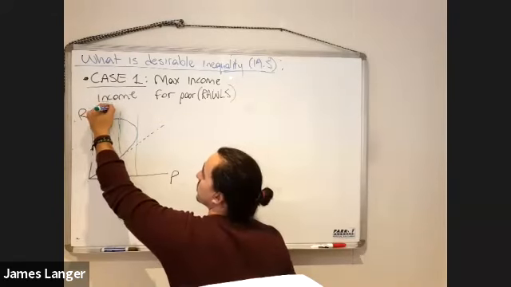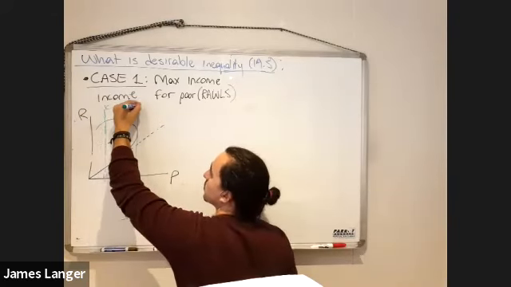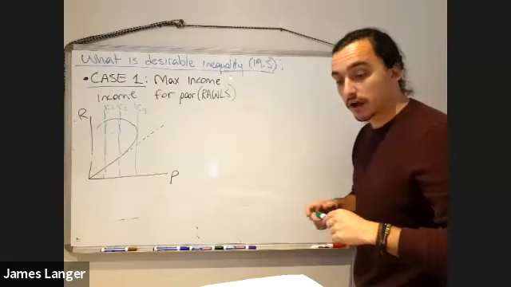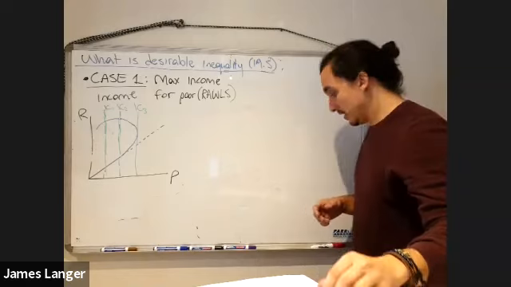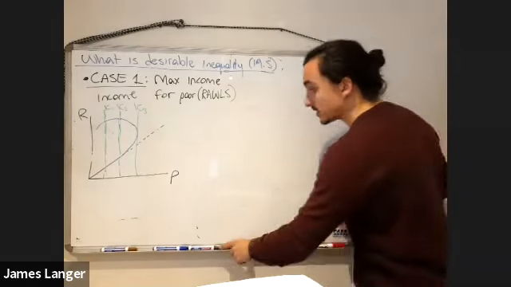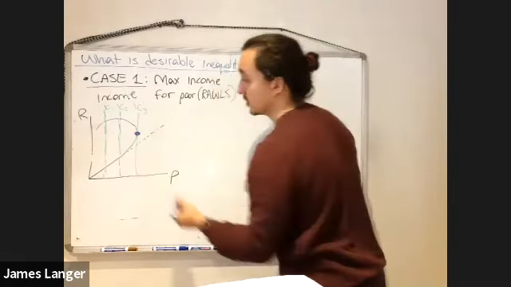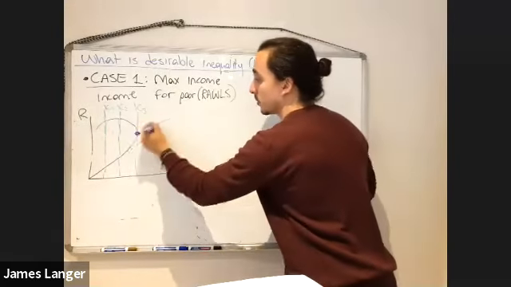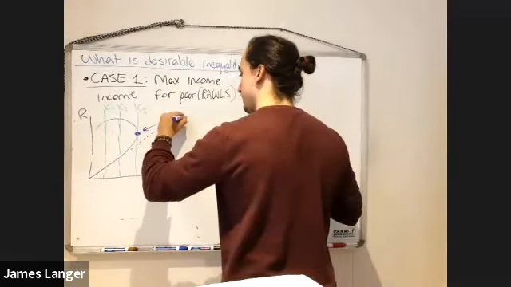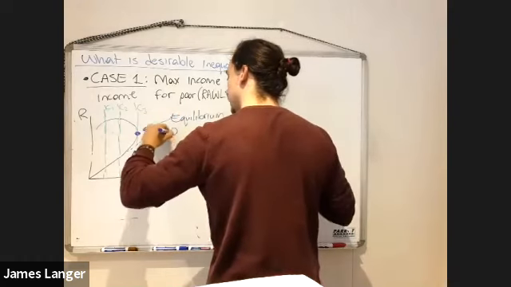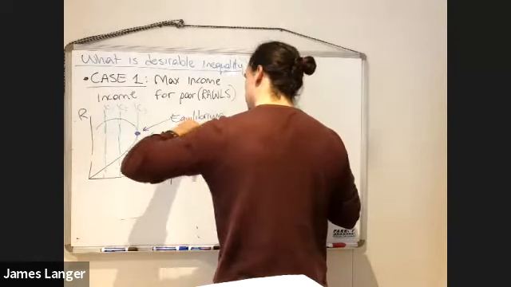So I've got IC1, IC2, and IC3. And I get to my highest indifference curve by moving to this point here. So equilibrium at point, I think it was B.